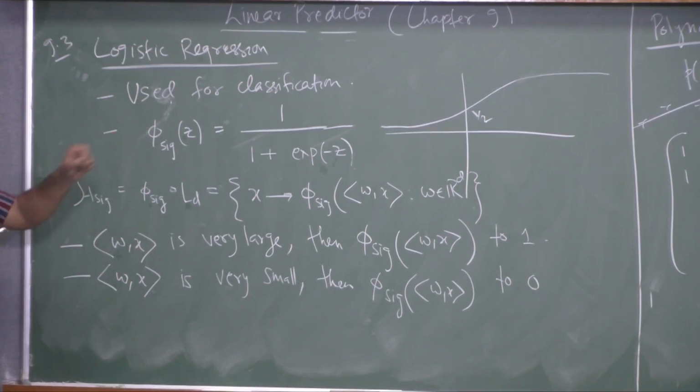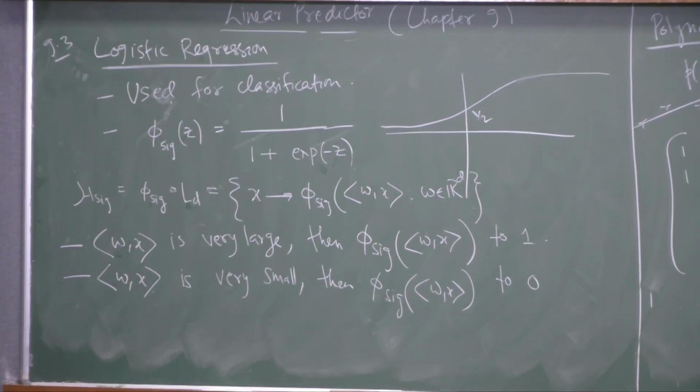So the cutoff seems to be half. Compared to sign, it can tell you how much more it is toward one class and how much more toward the other class. That's the basic difference in sigmoid.